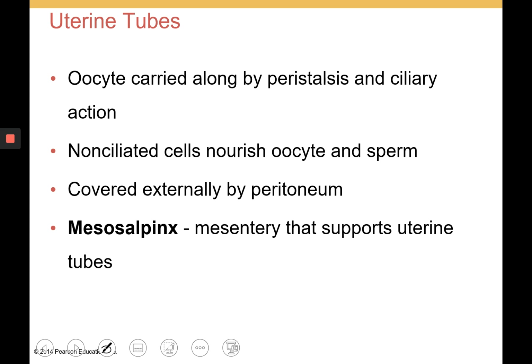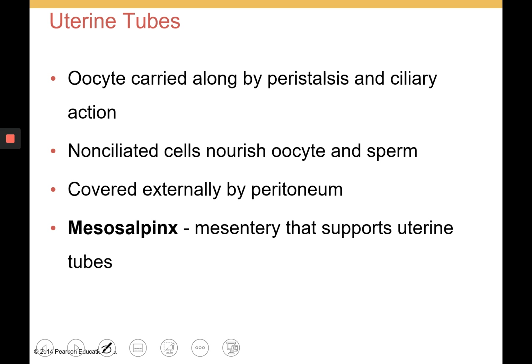The oocyte is carried along the uterine tubes by contraction called peristalsis that you've also seen or heard about when talking about the alimentary canal, but it's also going to be helped via ciliary action of cells in the uterine tubes. There are also non-ciliated cells that nourish the oocyte and sperm, and the uterine tubes are covered externally by the peritoneum.